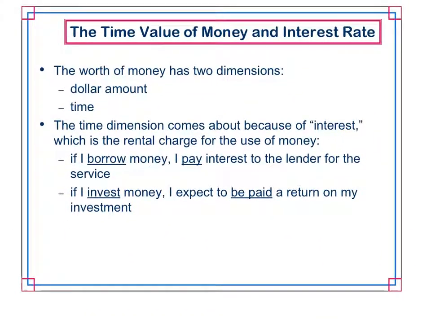All right, so now we're going to start getting into the concept of the time value of money and interest rate. So money has two aspects to it. Obviously, how much you've got, but then how much is that money allowed to quote unquote grow?